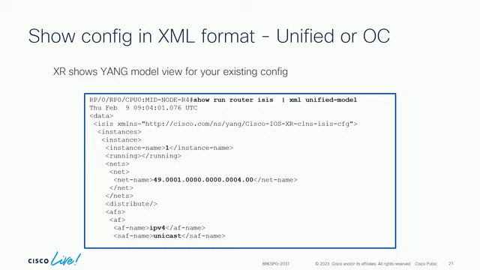You can just start adopting the usage of models by tooling available to you on the box. So it will be an iterative migration, and you can migrate step by step and get your full configuration in a model form factor. It's also compatible with OpenConfig, so you're doing XML, unified models or OpenConfig, whatever works for you.